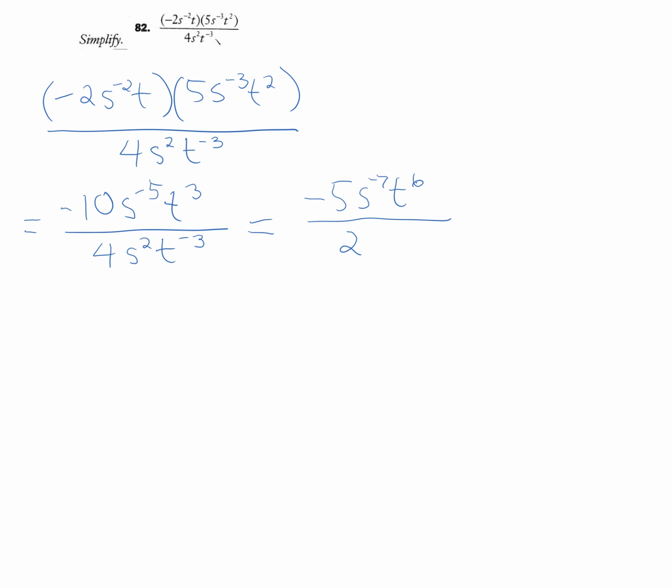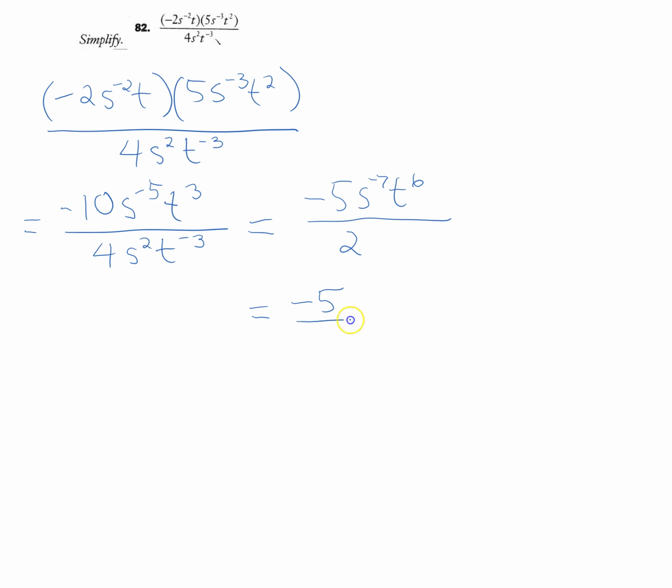But to make this more simple, I want to get rid of any negative exponents I have. So this is going to be equal to negative 5, and we know if we want to change a negative exponent to a positive exponent, we just take the reciprocal of our value.